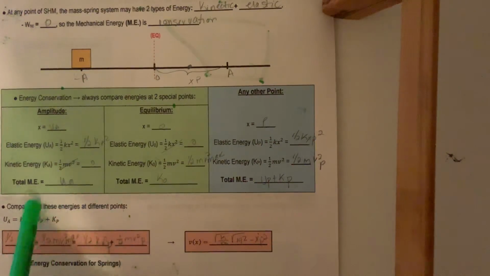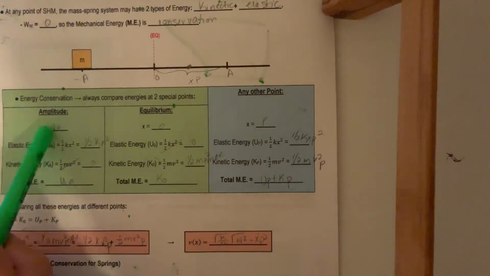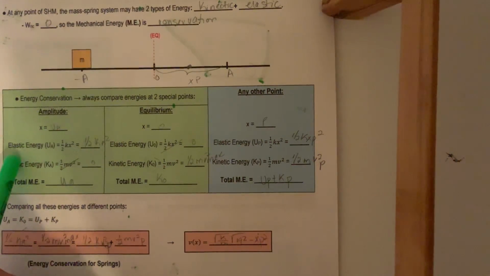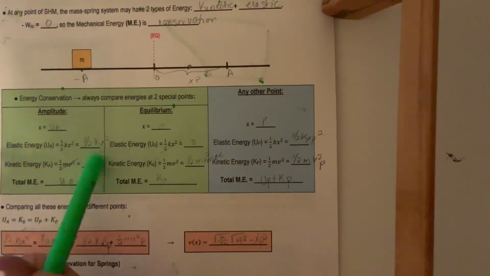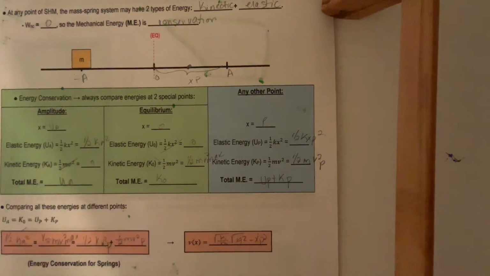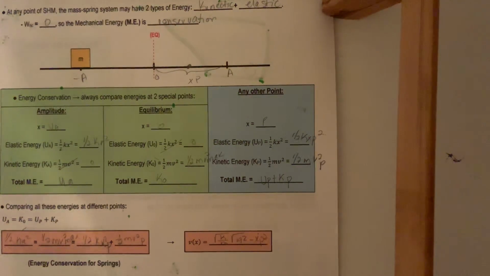Here this one is in equilibrium, and here is amplitude. We use elastic energy when we're talking about amplitude. It's kind of confusing, but with examples we're going to be clear.